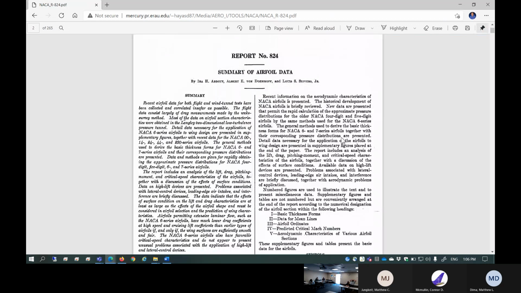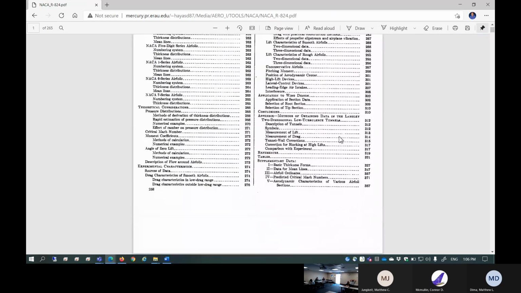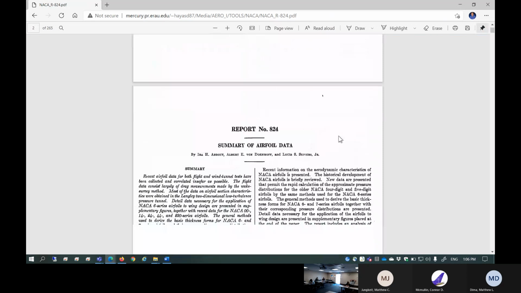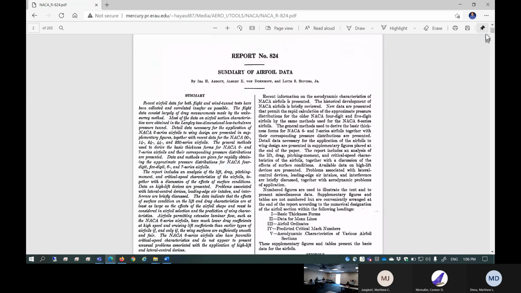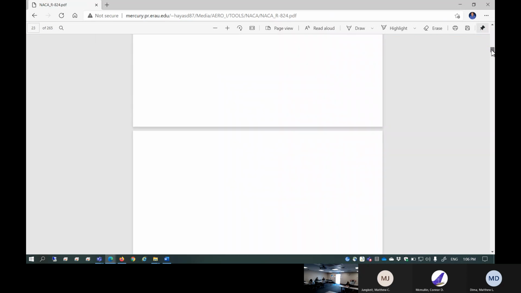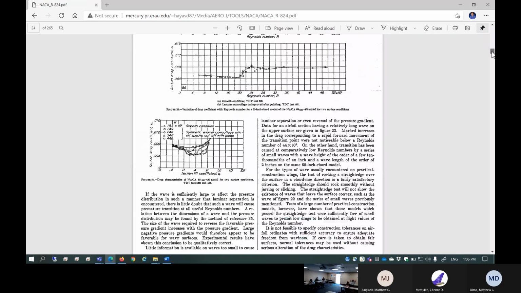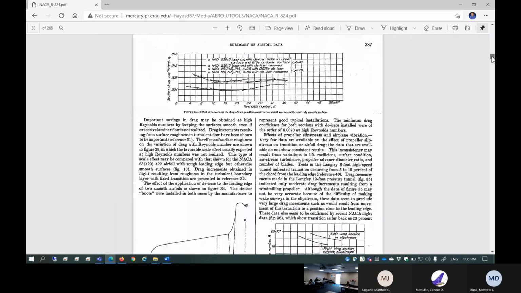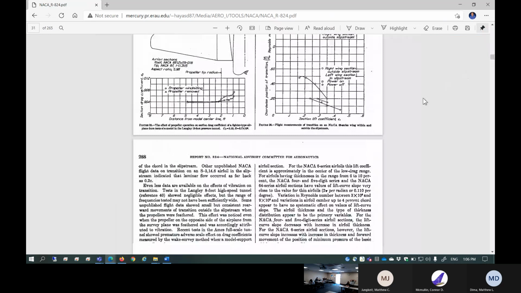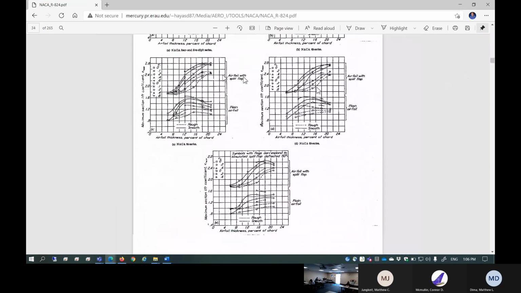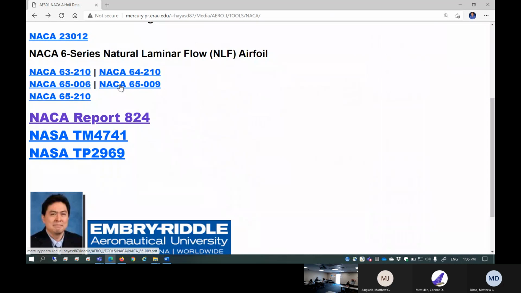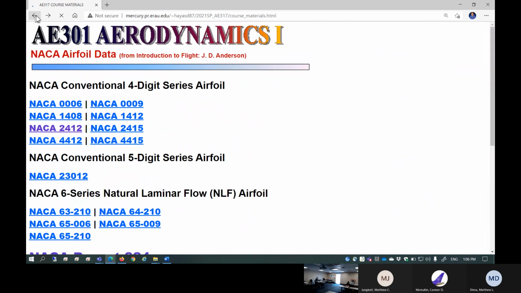How many pages? About 400 pages, it looks like. Yeah. So this report actually contains entire sets of data. So lots of different sets of data. Okay. So if you want to download it, you can download it. Okay. All right.